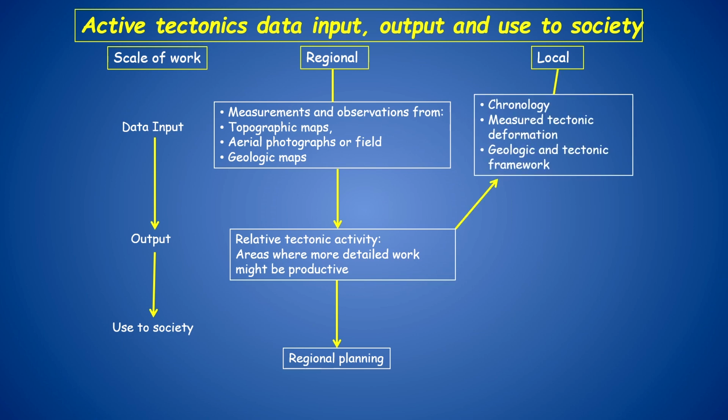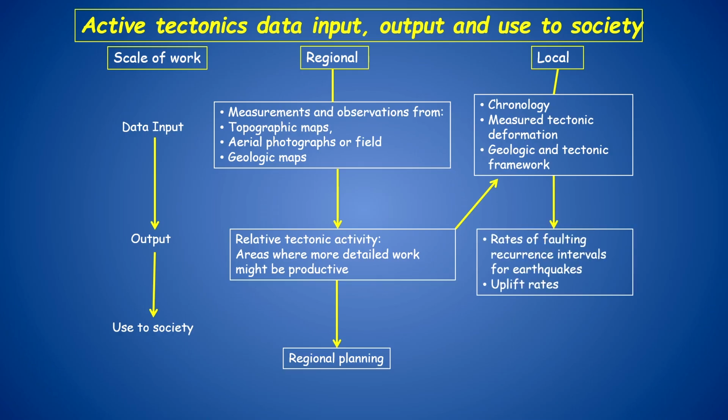Then we try to collect the data of the landforms. We measure the landforms in the field. We try to get the age of those landforms, so we produce the chronology of those landforms and try to reconstruct the tectonic history.